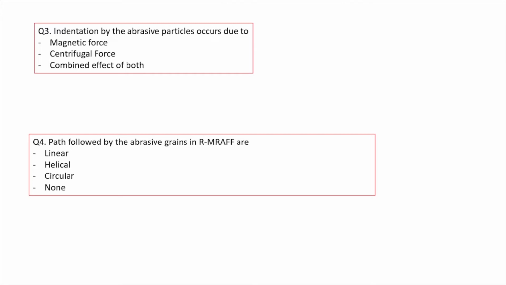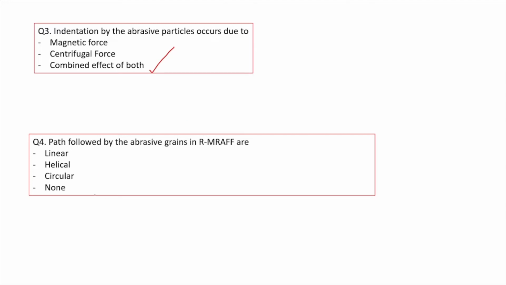So in rotational magnetorheological abrasive flow finishing process, basically a combined effect happens due to the magnetic field, magnetic force plus centrifugal force. So the right answer will be the combined effect of both.